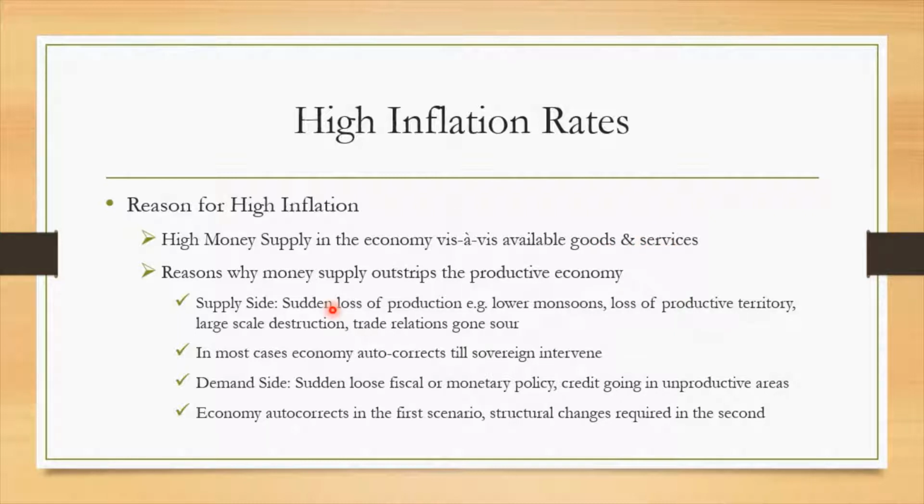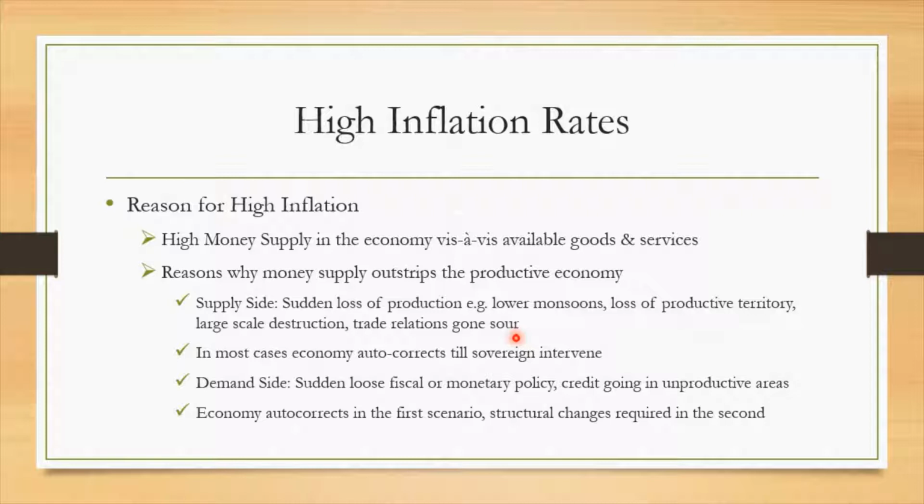Now, the money supply could be higher because of supply side reasons, which means there could be sudden loss of production in the economy. It can happen because of lower monsoons, droughts, some loss of sovereign productive territory, large-scale destruction happening, or the relationship between some of the major trading partners going sour.